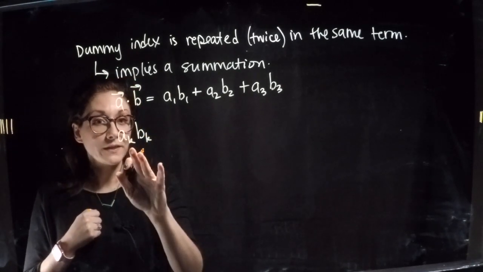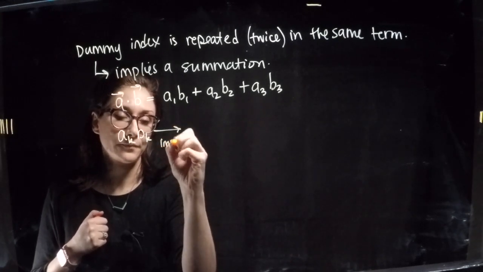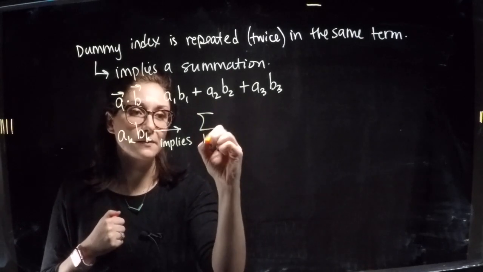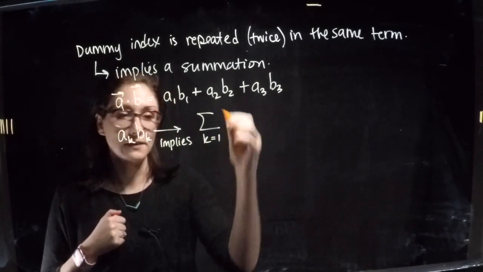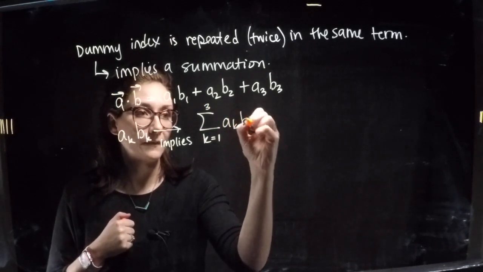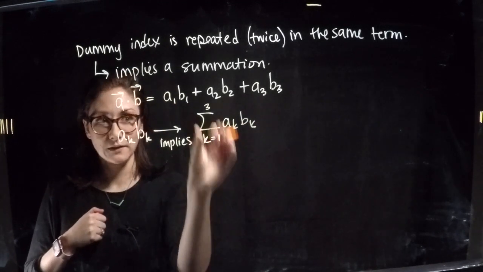All right, and so what this implies is the following. You can throw the summation sign out front and say that your dummy index, K in this case, goes from 1 to 3. All right, so in index notation, we don't actually write this summation sign.